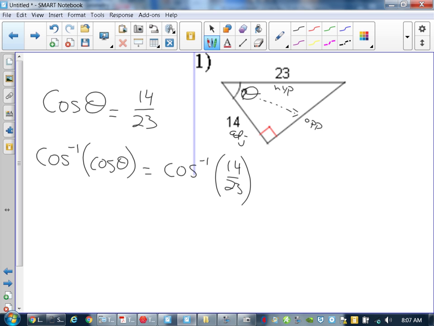The inverse of cosine, cosine to the -1, times a cosine, undoes one another. It leaves you just theta. How do you undo cosine? You inverse cosine. How do you undo sine? You inverse sine. How do you undo tangent?